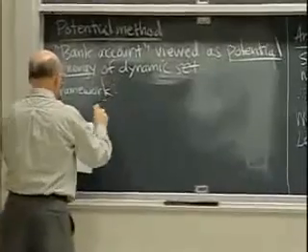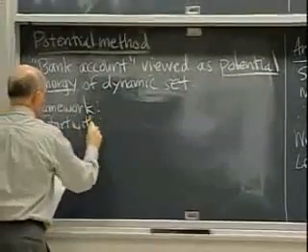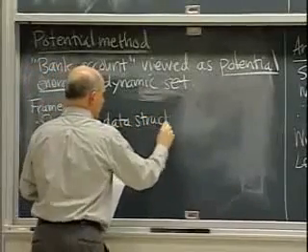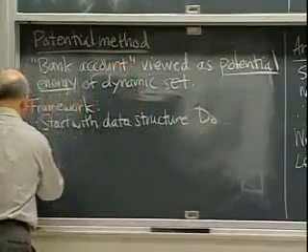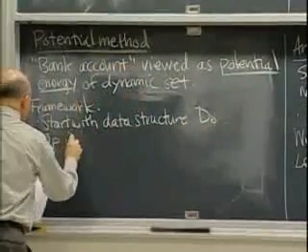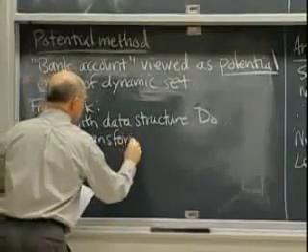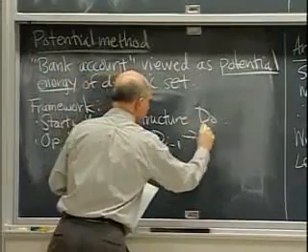for the potential method. We start with some data structure D0, and operation i transforms D sub i minus 1 into D sub i.